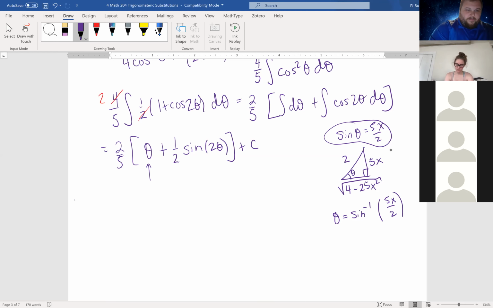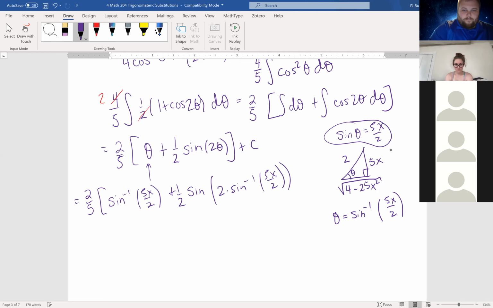So in the problem, this is what I will typically see. And I just got done telling you the only time that you can use the inverse trig function is when theta is by itself.